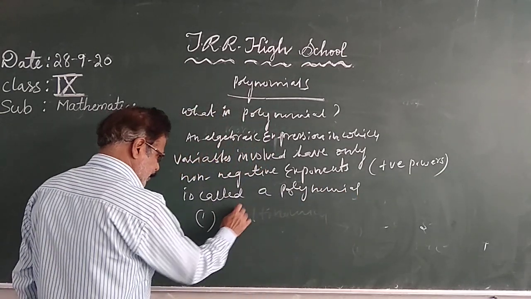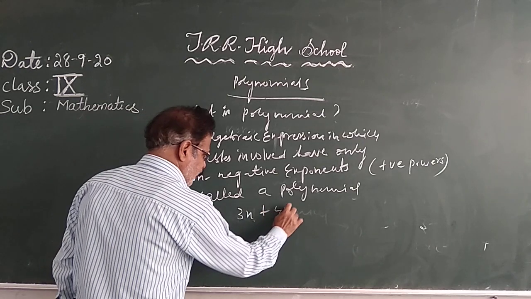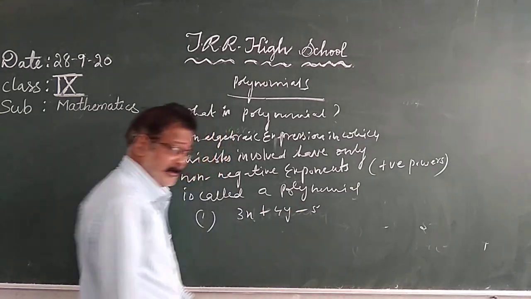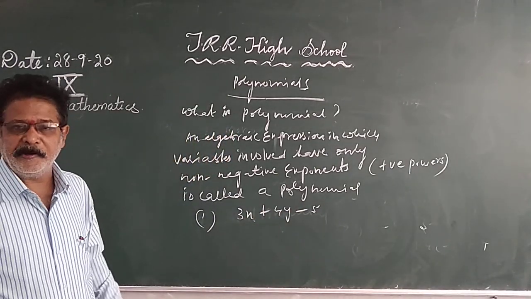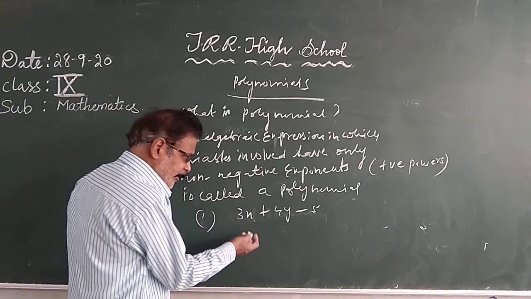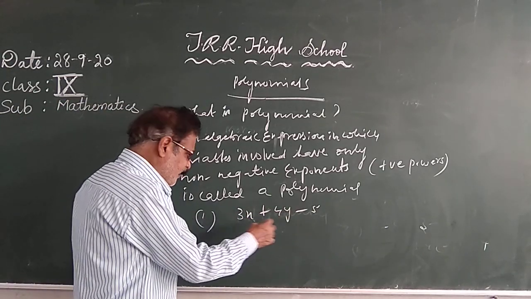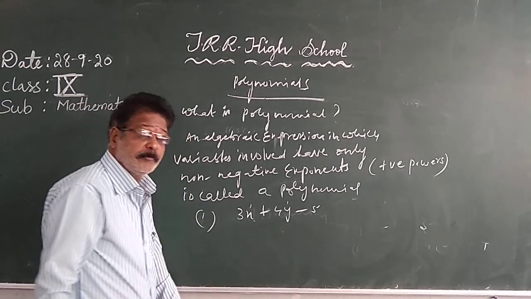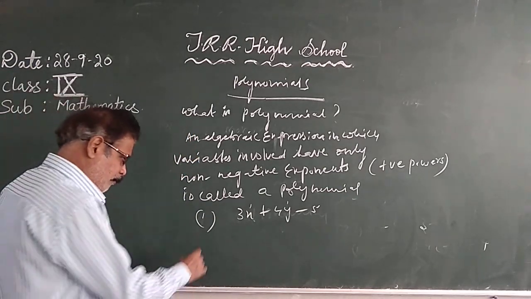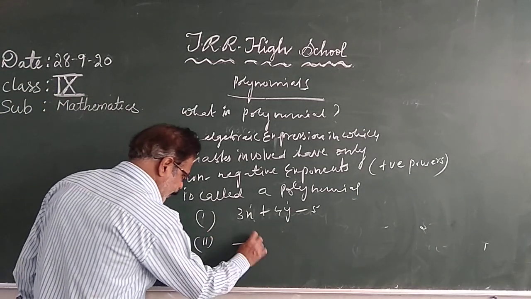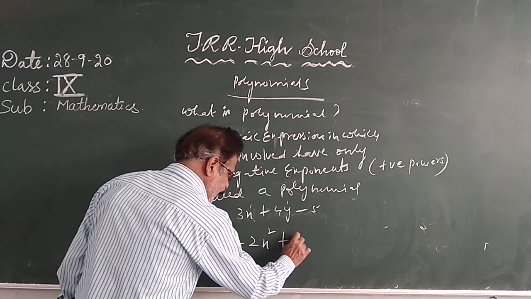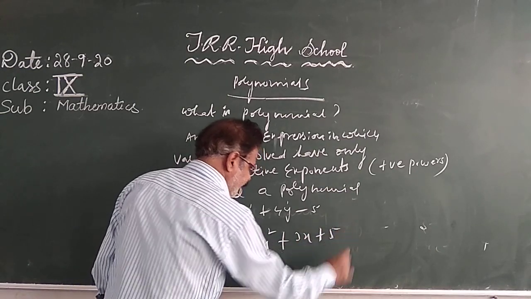Example: 3x plus 4y minus 1. Is it polynomial? Yes, it is polynomial. Why? What are the variables here? x and y. The variables have positive powers, so it is polynomial. Minus 2x square plus 3x plus 5.